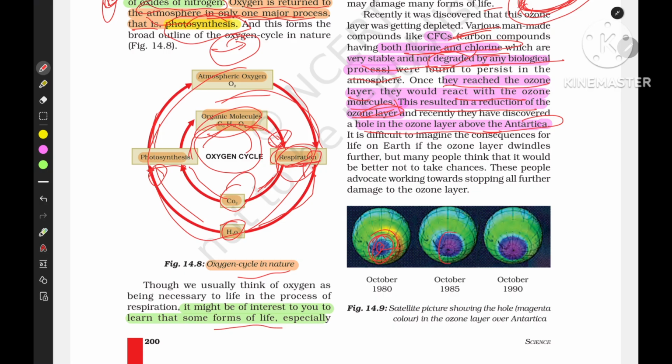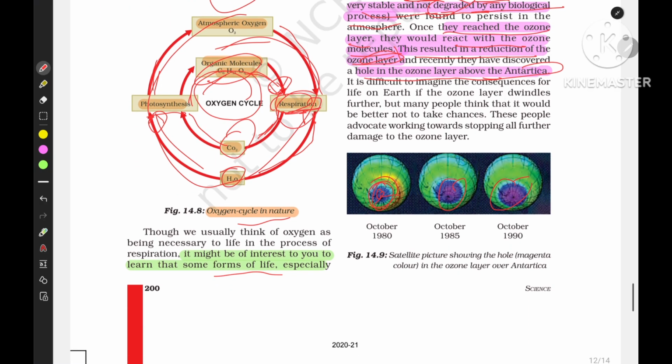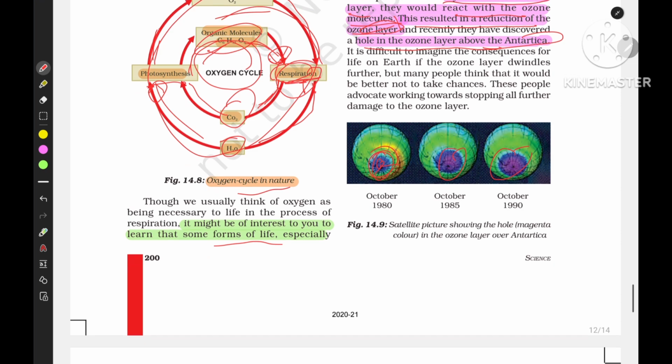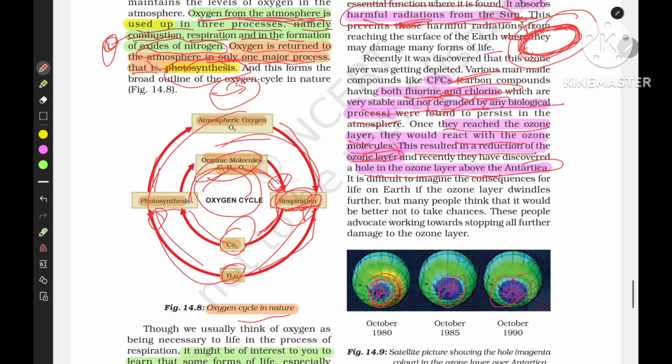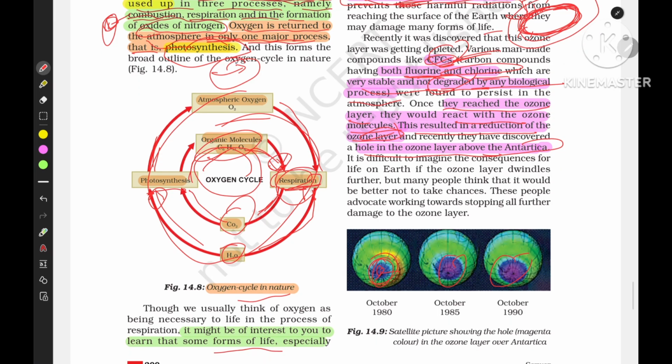There is an ozone hole in Antarctica, although it is healing now, because we have mostly banned products which release these CFCs, fluorines and chlorine.